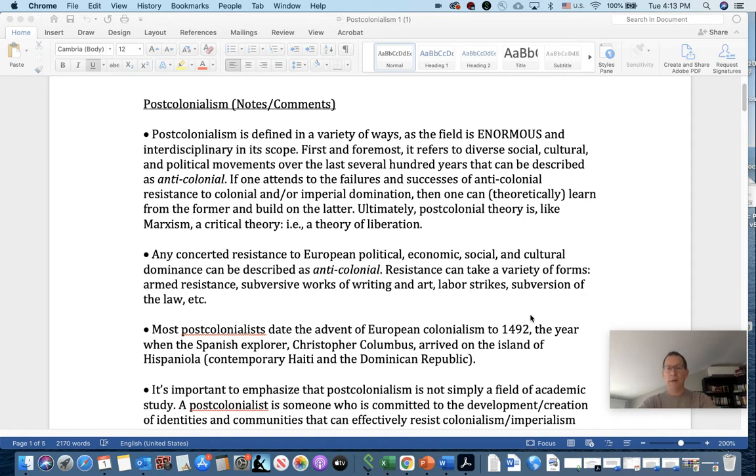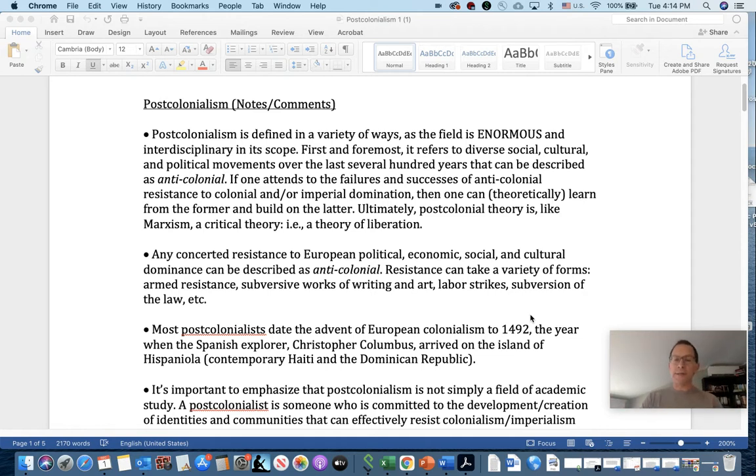Resistance can take a variety of forms: armed resistance, which is to say violent resistance, subversive works of writing and art, labor strikes, subversion of the law, etc., etc. In fact, the list goes so long, the etc., etc. does not even begin to do justice to the ways in which folks have gathered together in collective solidarity to resist and to undermine and to fight against the norms and the values and the social and cultural practices of European colonialism and imperialism, not to mention its legacies, which is to say its aftermath.